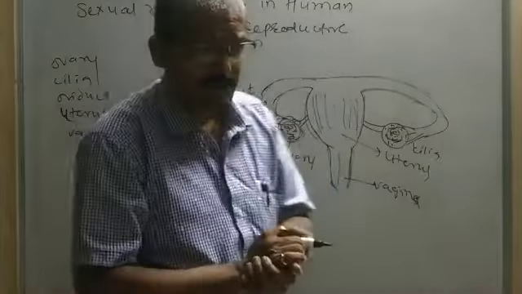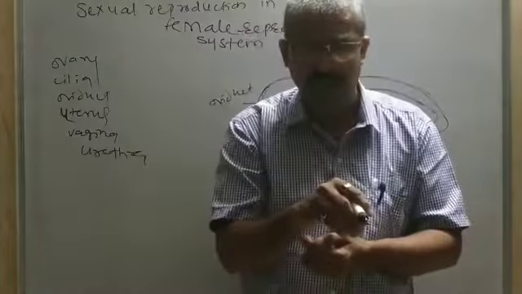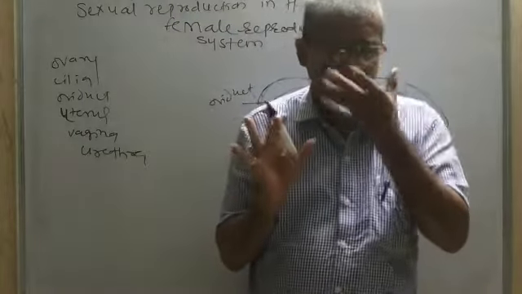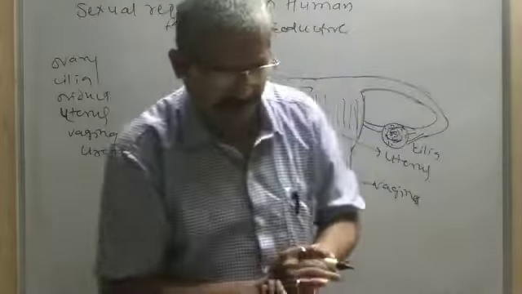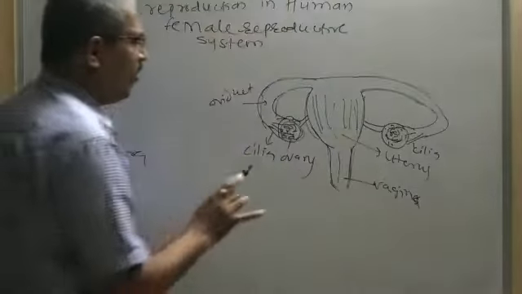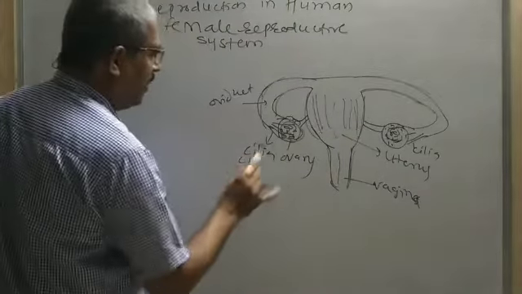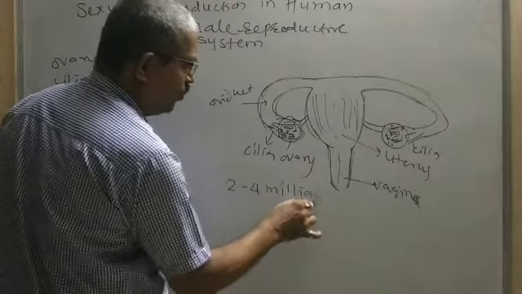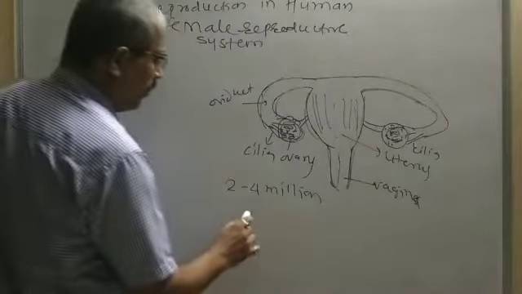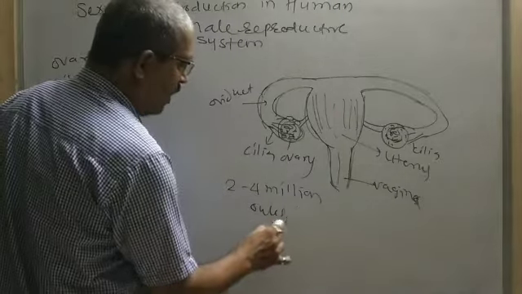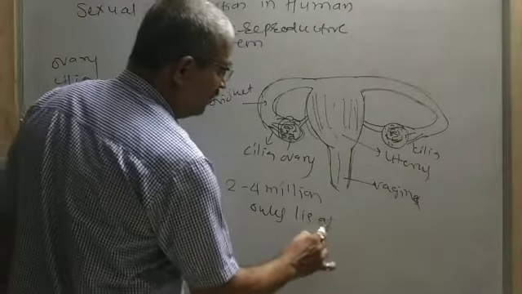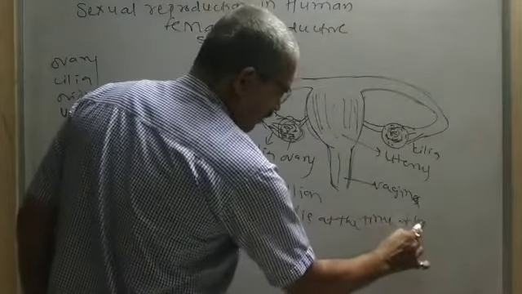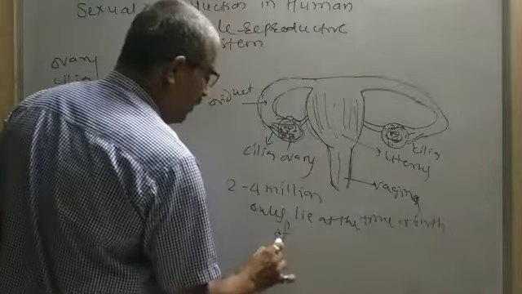Sperm cells are produced in the testes. Sperm cells are fed by the seminiferous tubules in the epididymis, but here there are already 2 to 4 million ovules present at the time of birth of the baby.